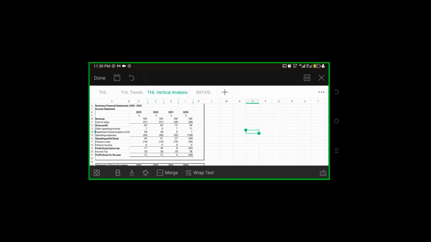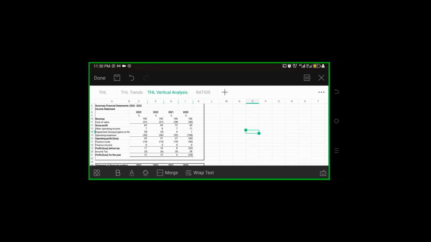And again in 2021, they were able to manage their operating expenses more; they brought it down to 52%. So for every 100 naira, instead of spending 108 naira, they spent 52 naira on operating expenses. That's good. So they are managing their expenses, right?